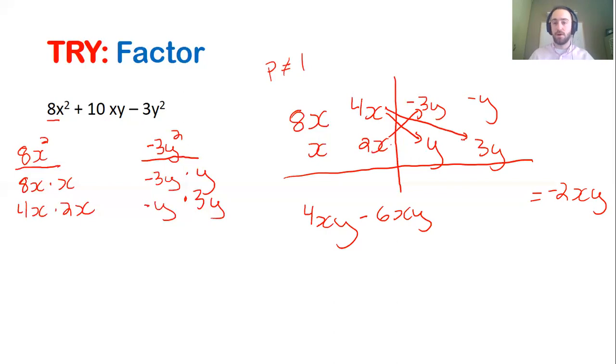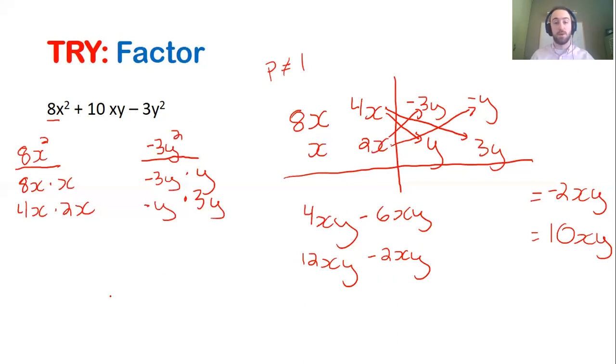We have 4x times 3y, giving us 12xy. And we have 2x multiplied by negative y, giving us negative 2xy. Going forward and doing the addition, we have positive 10xy. And this is our middle term of positive 10xy.